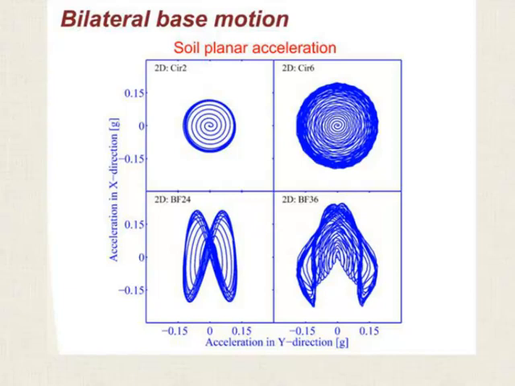We see that for the circular motion, the shape was pretty much preserved. The shape of the motion continued to be circular, but for the butterfly, especially when the frequency in each direction was 3 and 6 Hertz, we got a distorted shape, and that is because the amplification in each direction was different. The 6 Hertz was close to the resonance, so it had higher amplification than the 3 Hertz.